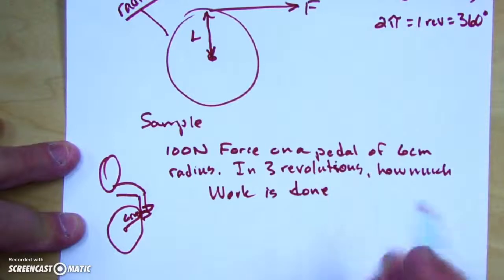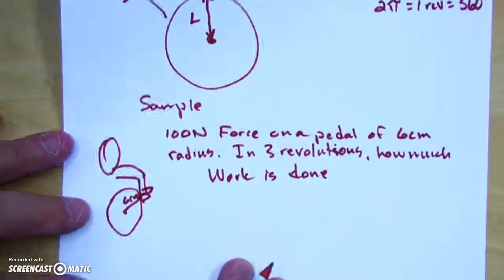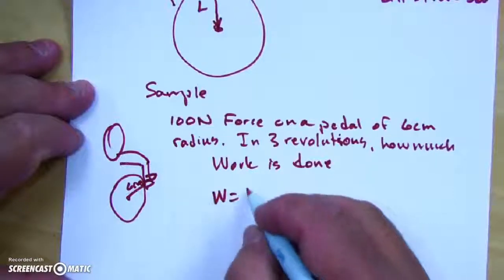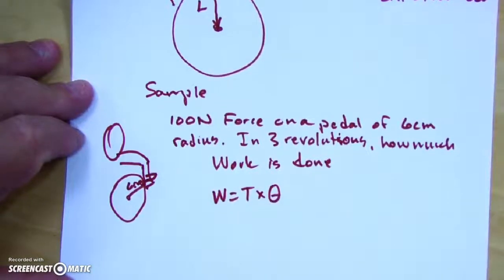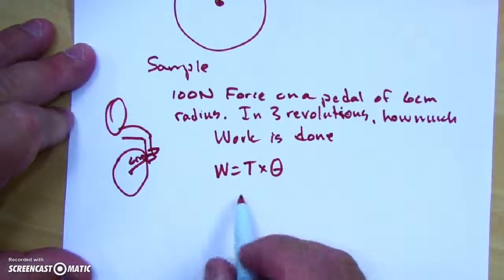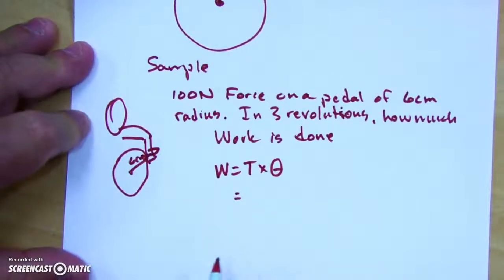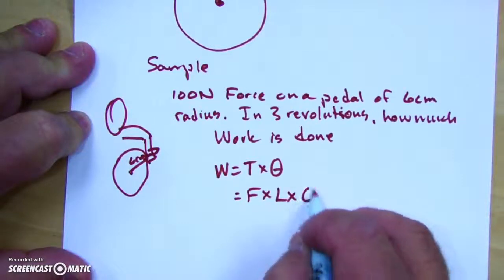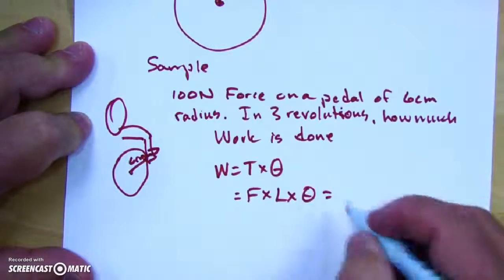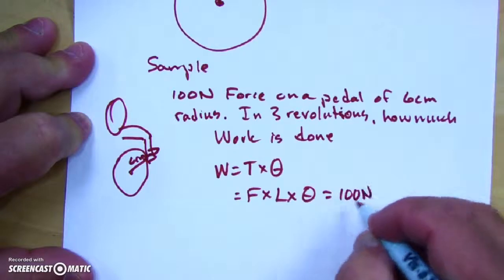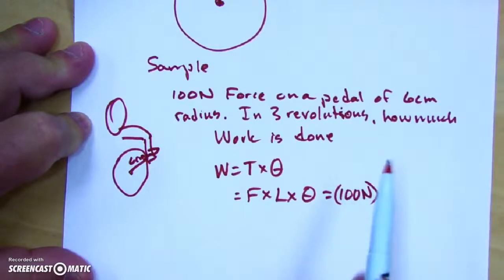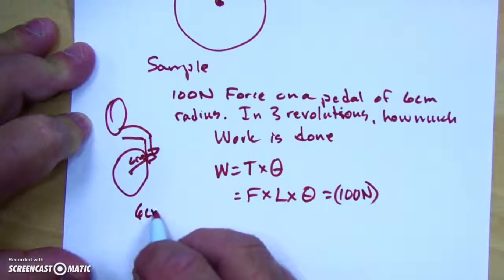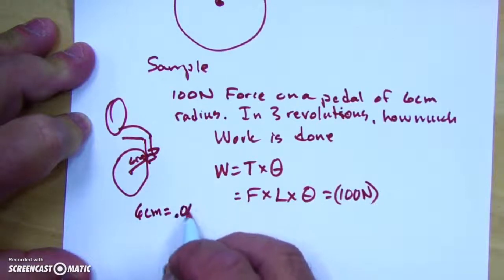And again, we'll always give you the equations. So work is equal to torque times theta. Now, torque is force times lever arm. So it's force times lever arm times theta. Now if we plug that in, my force is obviously 100 newtons. Here's where you have to get careful. 6 centimeters is equal to 0.06 meters.